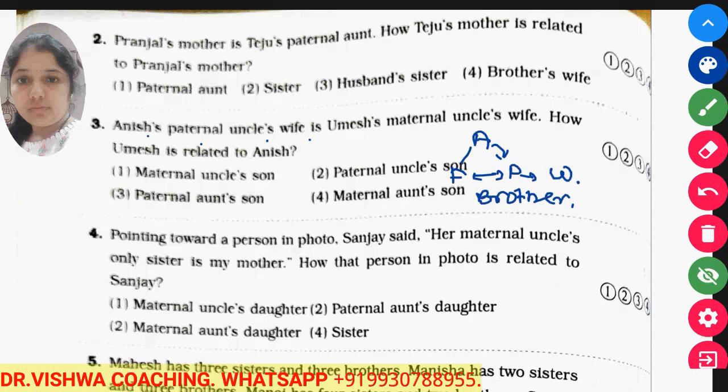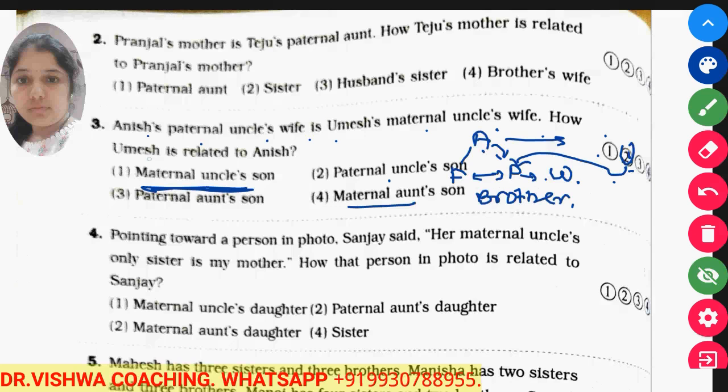Now paternal uncle's wife is Umesh's maternal uncle's wife. Now he is Umesh and this is his maternal uncle, meaning Umesh is the son of Anish's paternal aunt. So how is Umesh related to Anish? Maternal uncle's son, because wait.